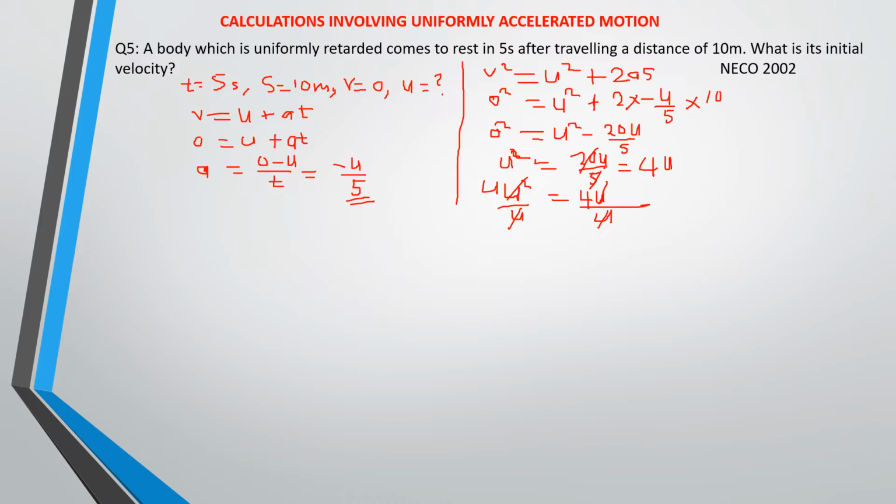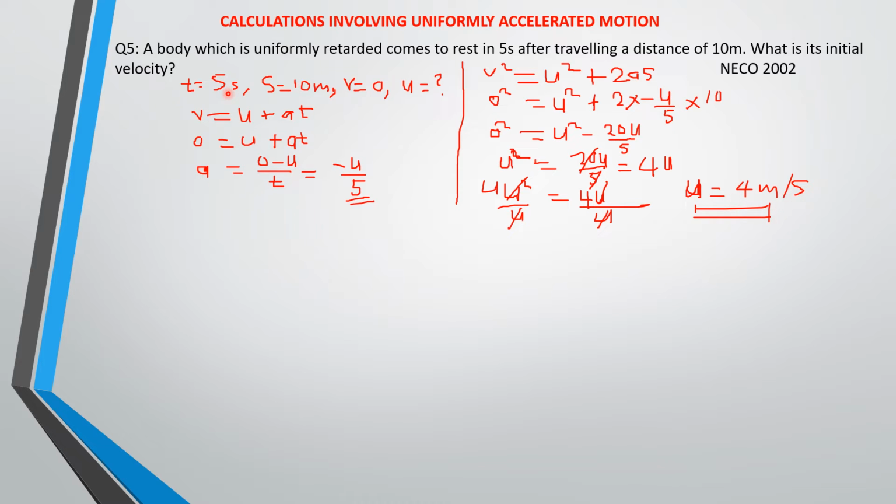So this gives you that u is equal to 4 meters per second. So this is your initial velocity for this body that undergoes this uniform retardation.